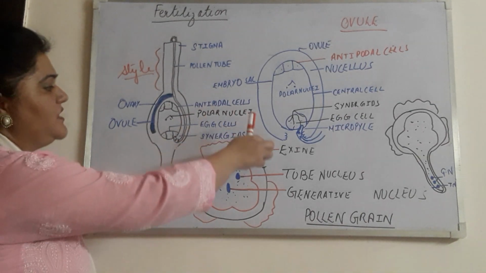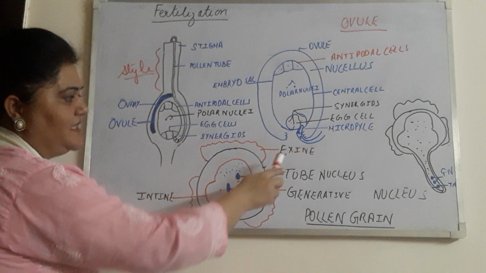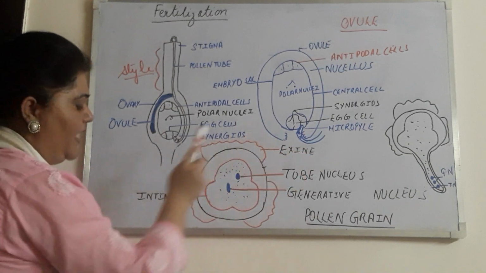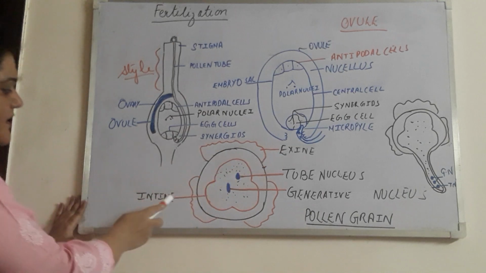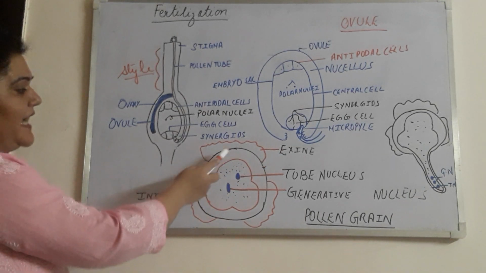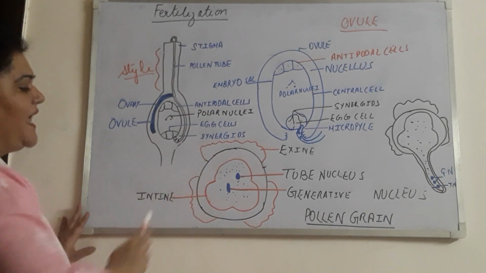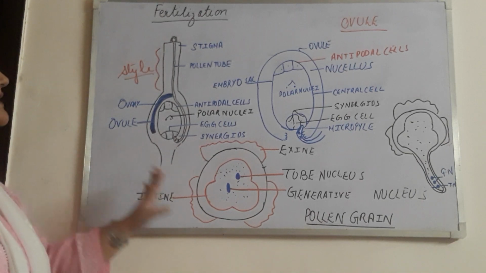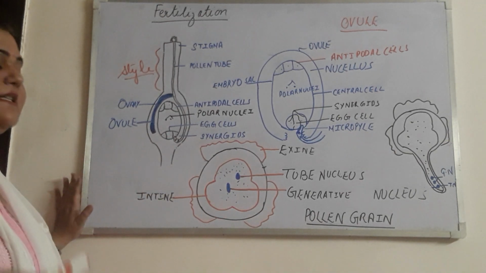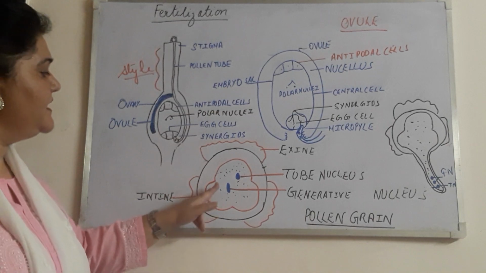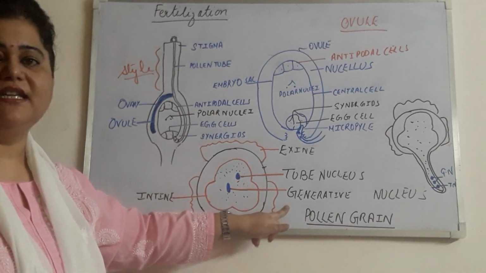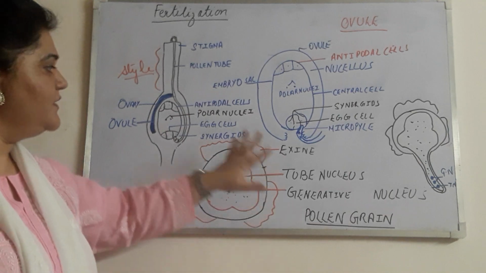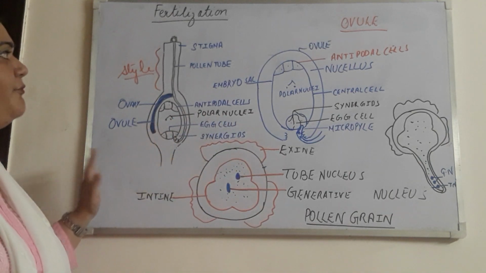The outermost wall is known as exine, and the innermost is intine. Inside the intine, it has cytoplasm as well as nucleus. Once it matures, its nucleus gets divided into tube nucleus and generative nucleus. So this is the structure of pollen grain.